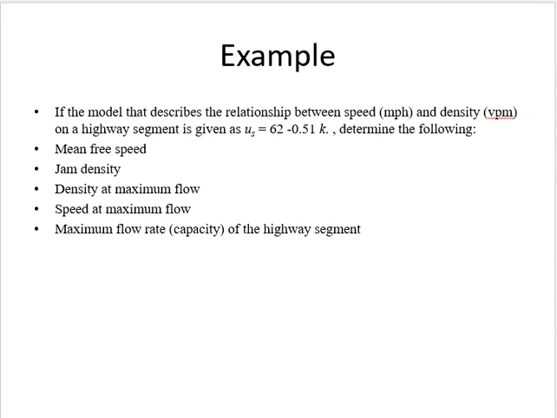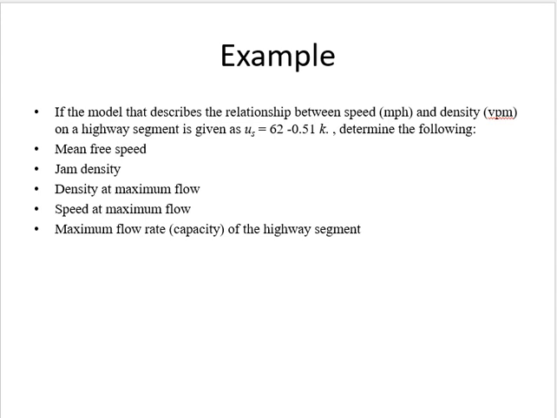Okay, so now we have a simpler problem. The model is given, US equals blah blah blah, and you have to find the following: mean free flow speed, jam density, speed at maximum flow, and the maximum flow rate, the capacity.